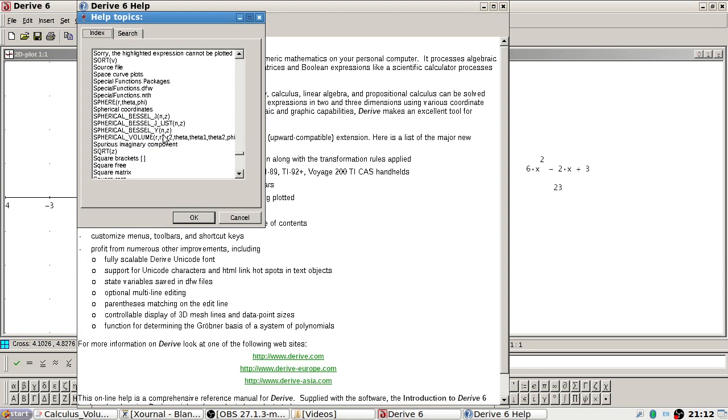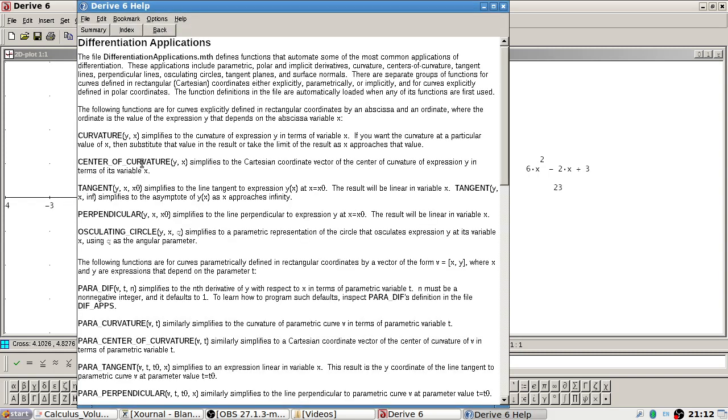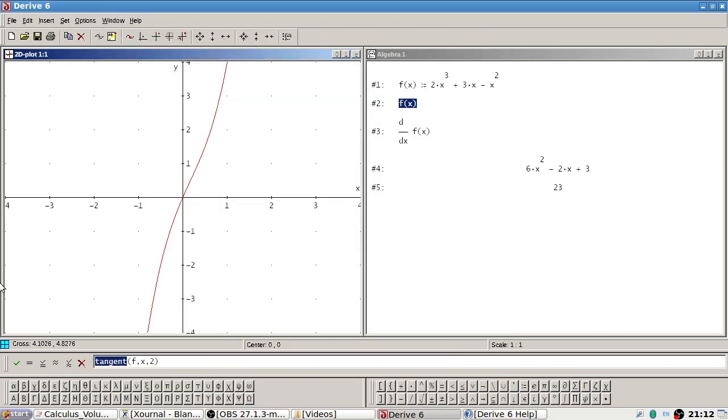Tangent. y x 0. Oh, I probably have to put in f(x). Yeah. Ah, that did not do it.